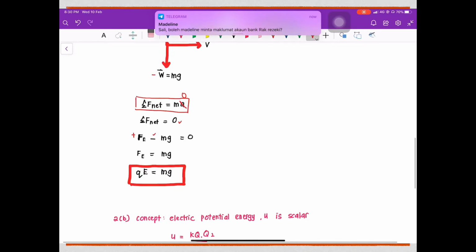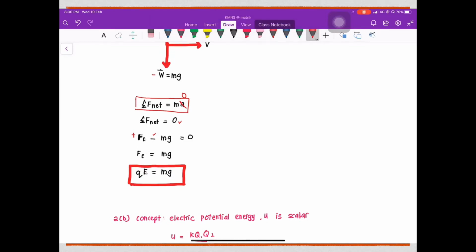Therefore we get QE equal to mg. So why do we get QE here? Because electric field strength equals F over Q, test charge. When we rearrange, we get F equal to QE.